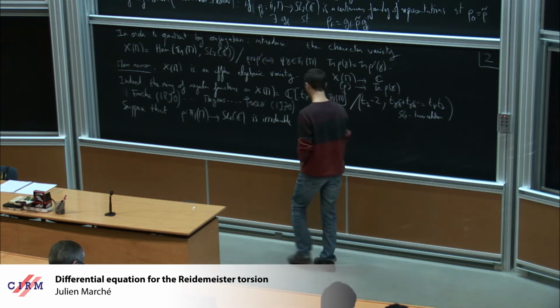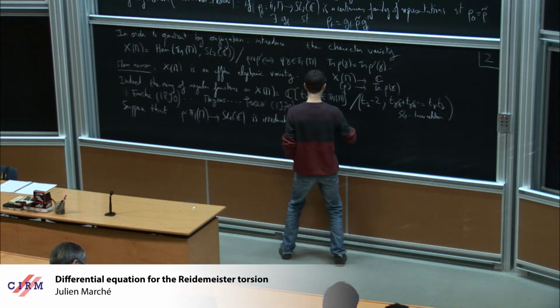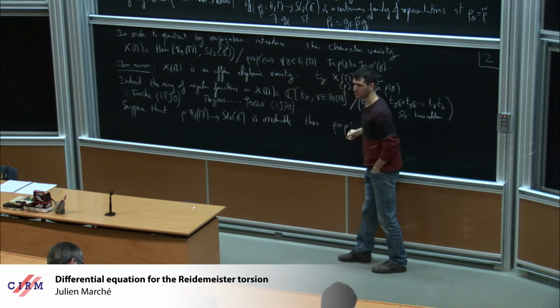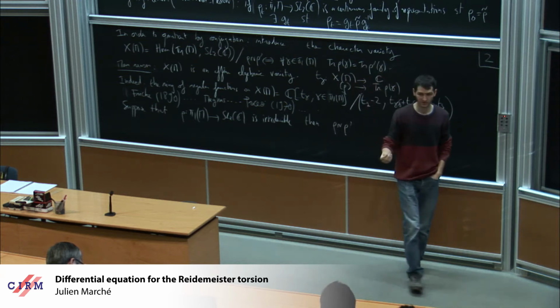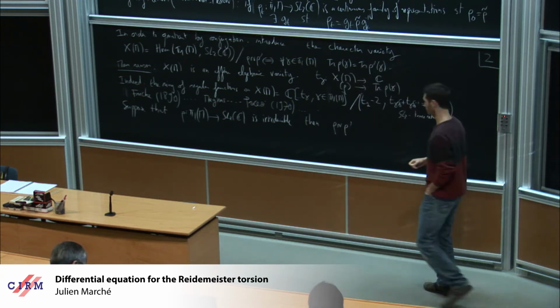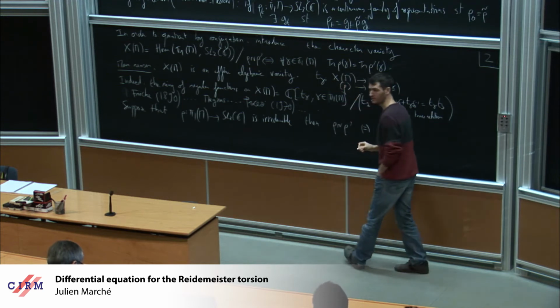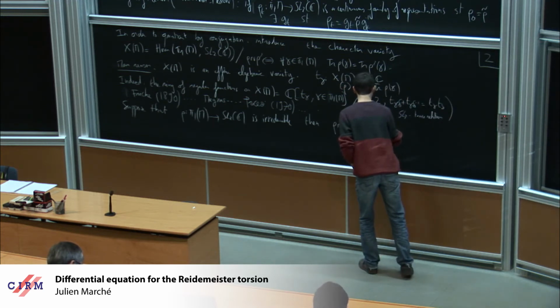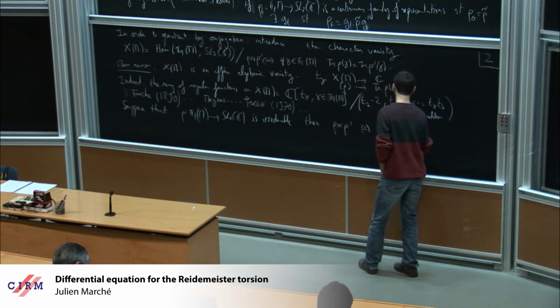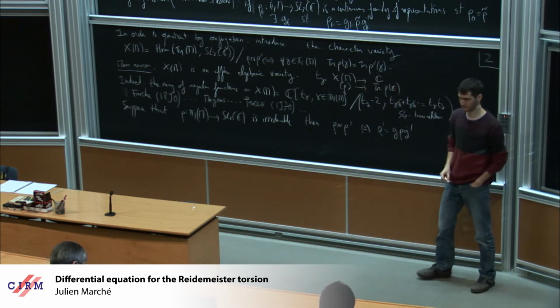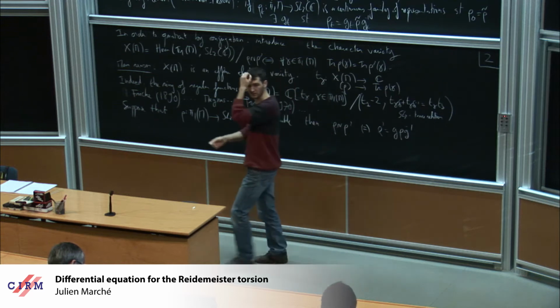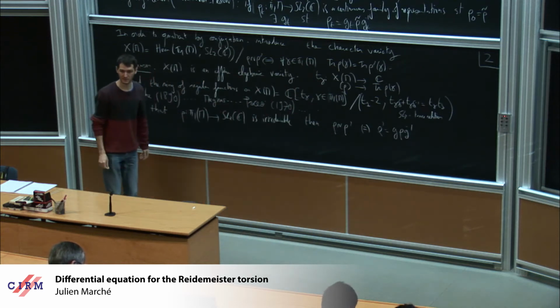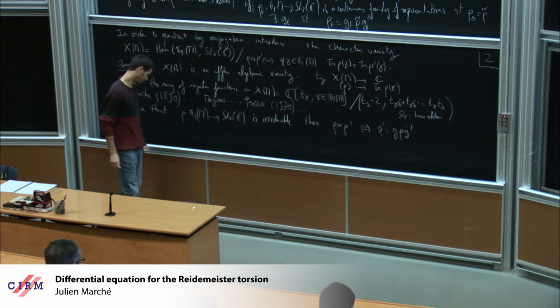It's well known that another representation, rho prime, will be equivalent to rho if and only if it's conjugate. It's some trick, not very difficult to prove by hand. If and only if rho prime is equal to G rho G inverse for some G. So in that case, the conjugation is exactly the same as trace equivalence.